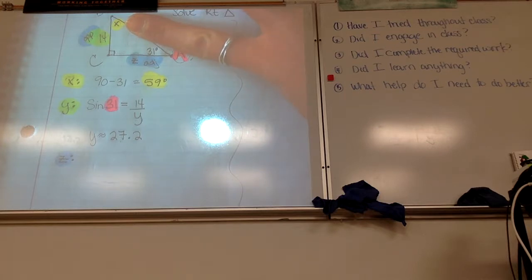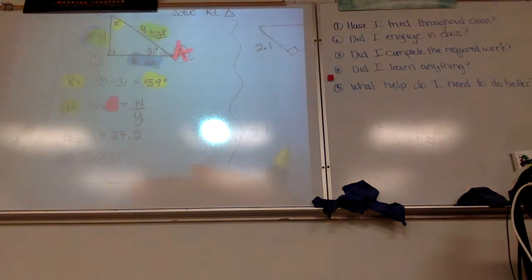Is the hypotenuse included in the two blue shaded sides? Yes or no? So the hypotenuse is out of this question altogether, so then it has to be which trig function? Tan. So tan of 31 equals opposite over adjacent.